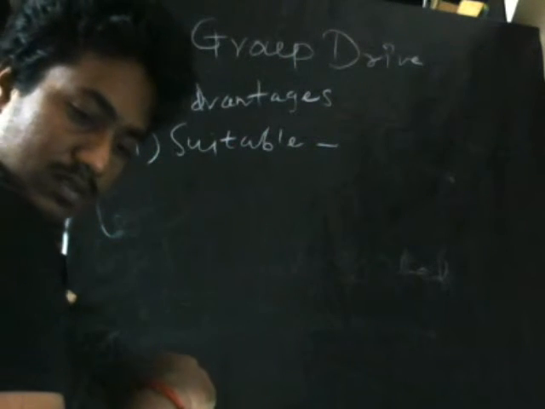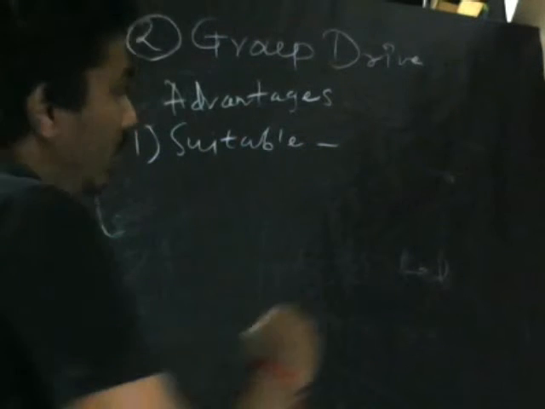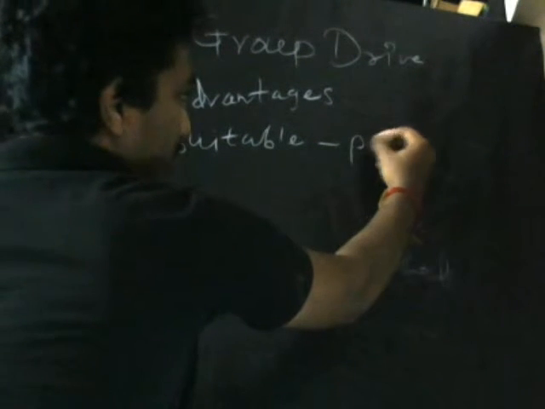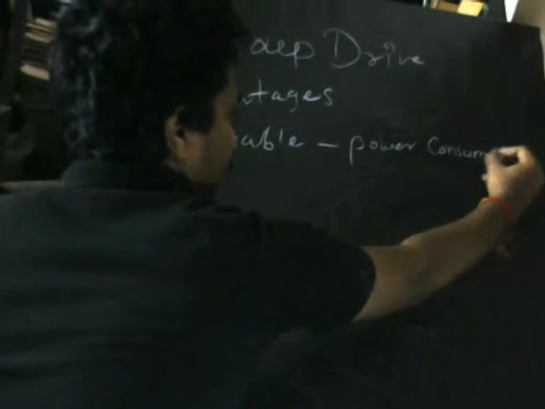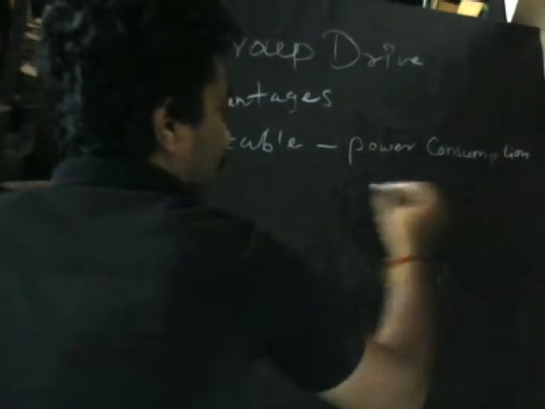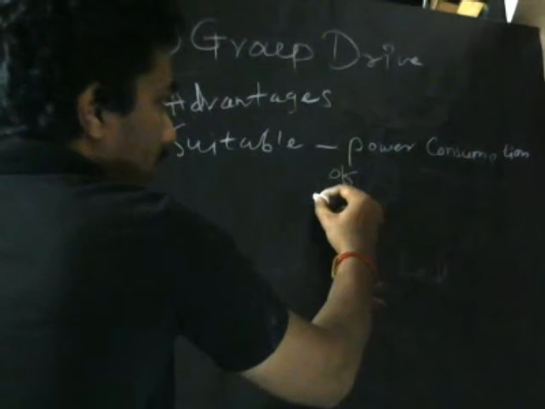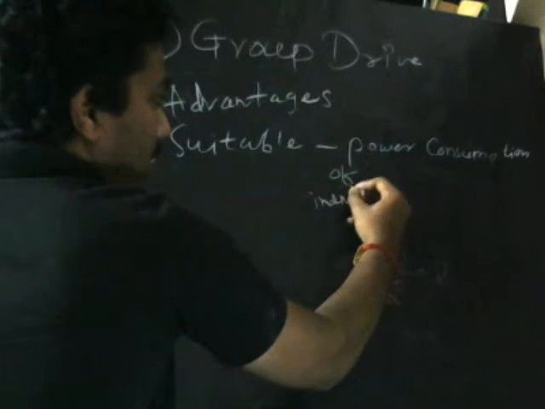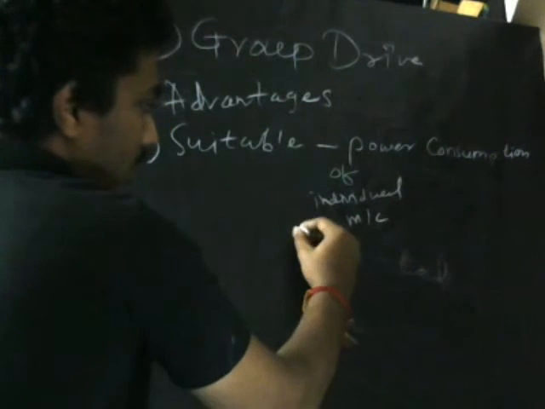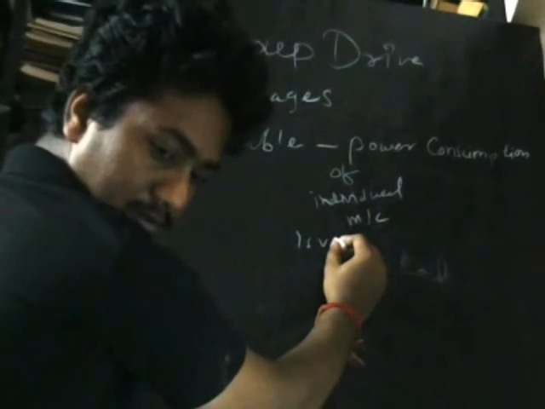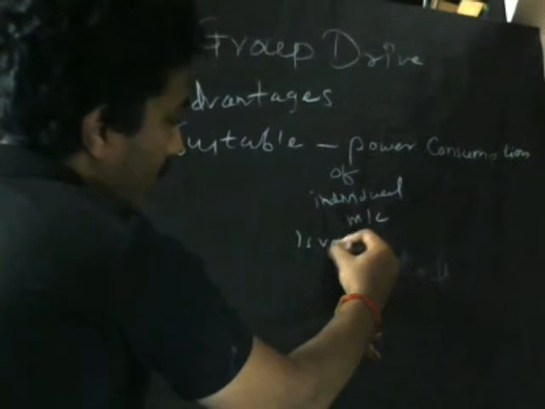It means it is suitable where power consumption of individual machine is varying. It becomes variable.